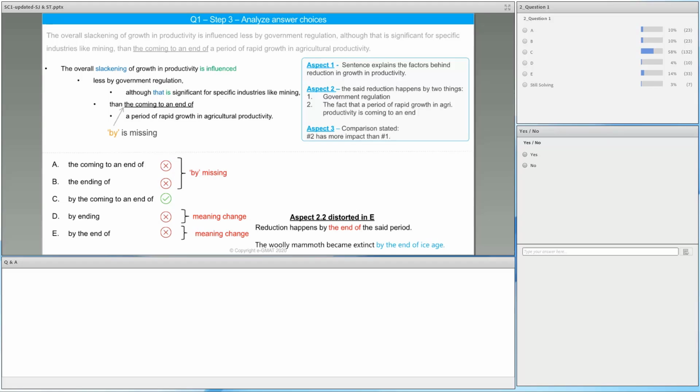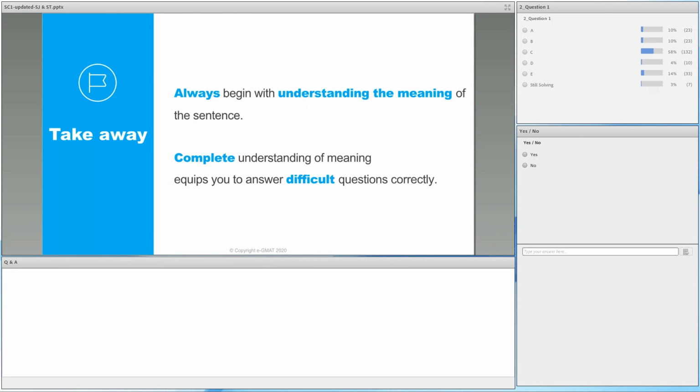So meaning. The meaning really has to be clear. Okay? And this is a pretty straightforward sentence. This isn't a sentence where we have to infer a lot, right? This is a hard sentence that GMAT's given us, but they've been pretty straightforward with the meaning. So when they're this straightforward, we really need to make sure that we do our friend the author a favor and help them get there in a grammatically correct manner.